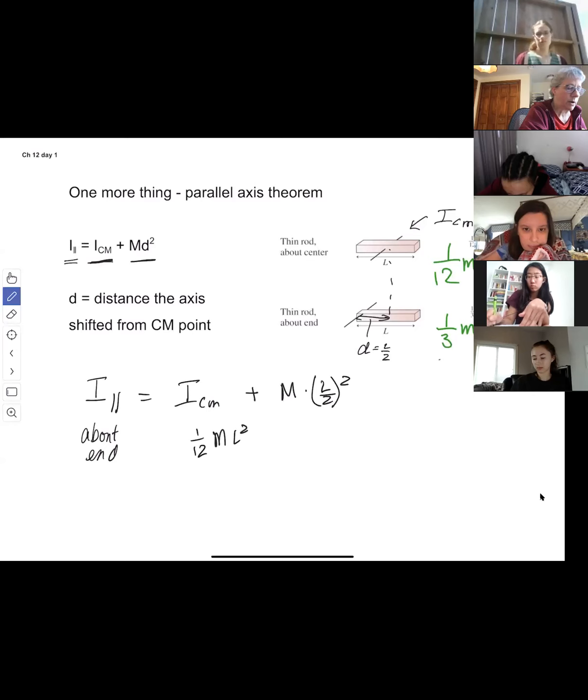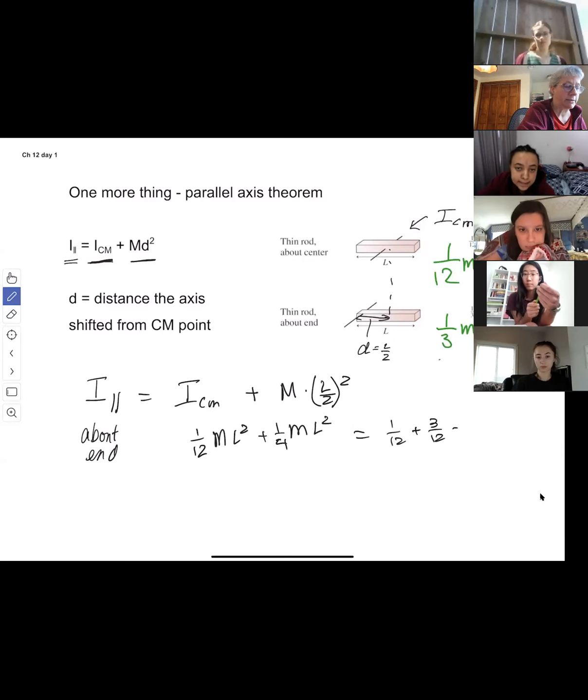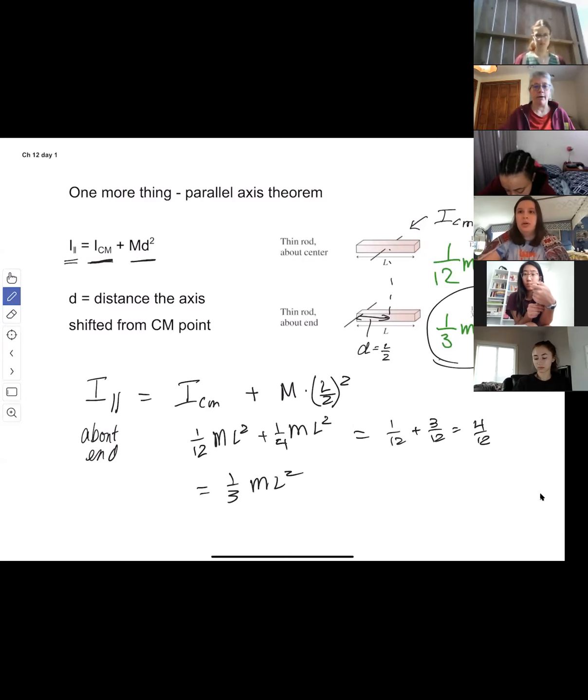So L over 2 squared is going to be L squared over 4. So that's going to be mL squared times 1/4. And 1/12 plus 1/4... doing it in your head, that'd be 1/12 plus 3/12 is 4/12. So that's equal to 1/3 mL squared, which is exactly what we got.